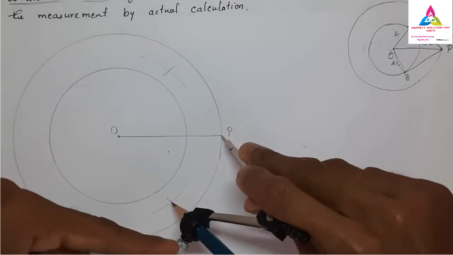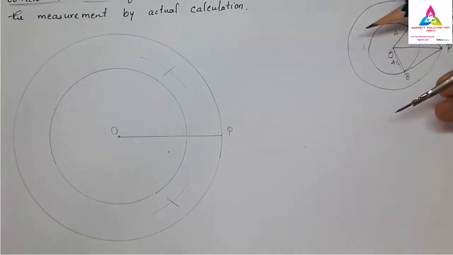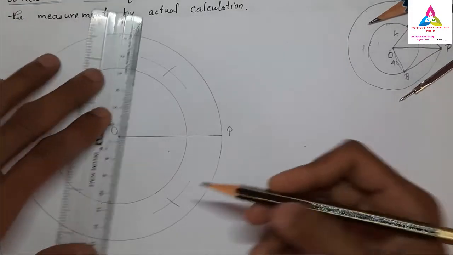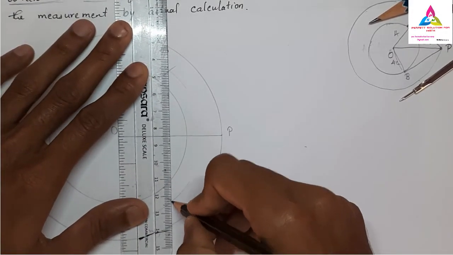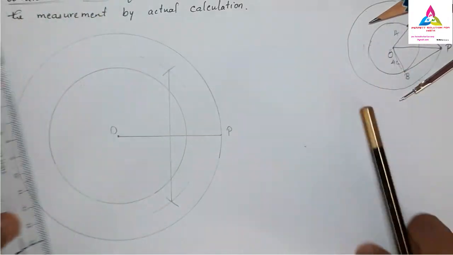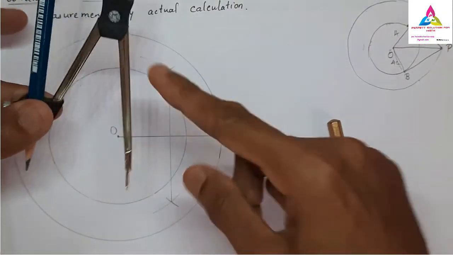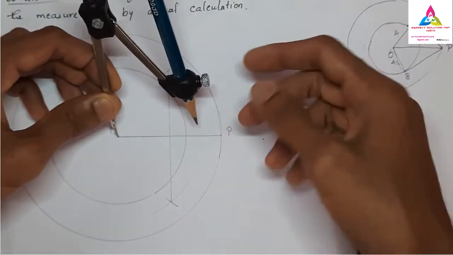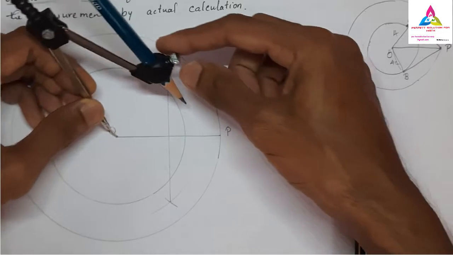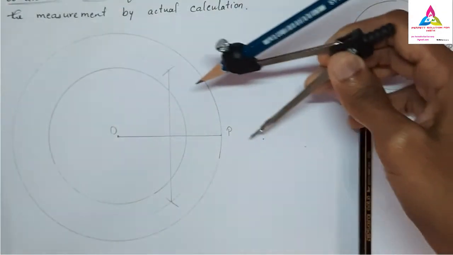These are the 2 arcs intersecting each other at 2 distinct points. So this point and this point we have to mark. Measurement is easy, you can take any measurement, more than half of it, and cut. And the same measurement you have to cut on the other side.